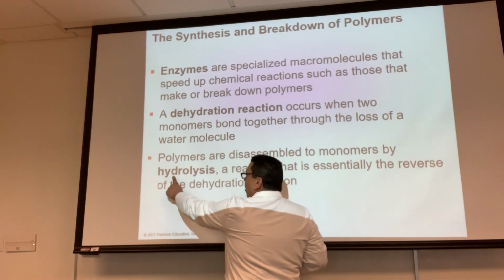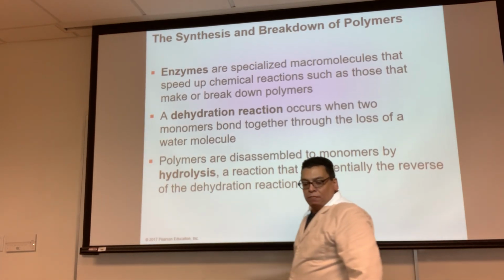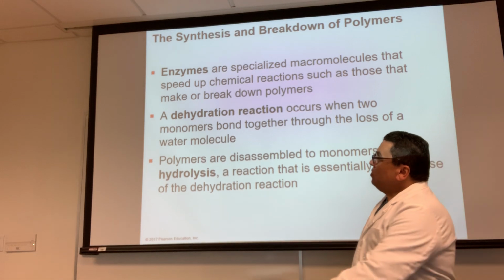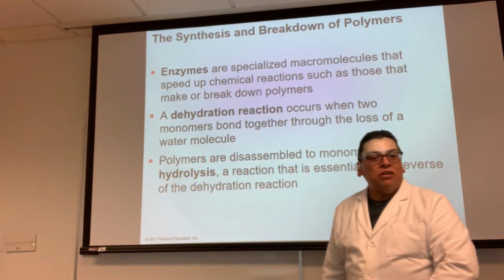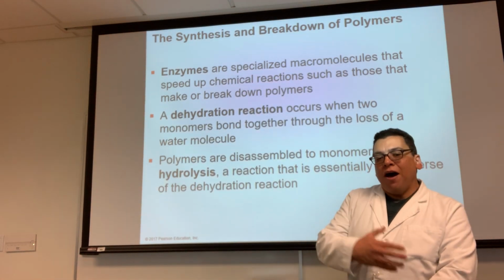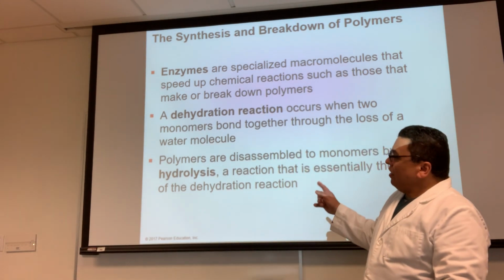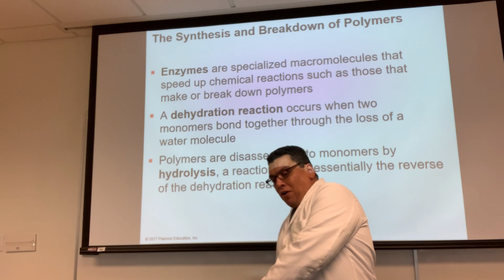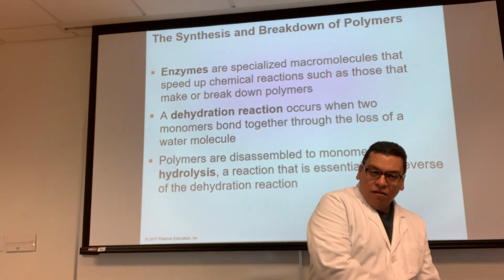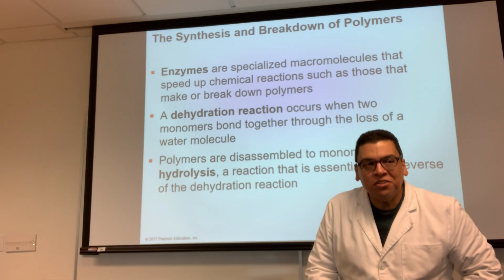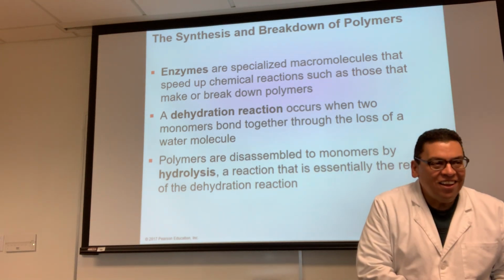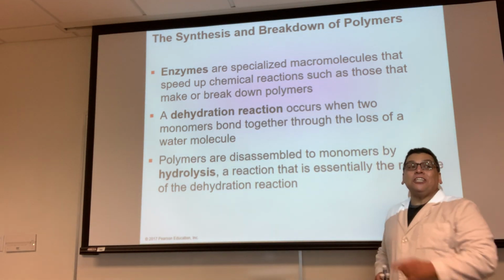Breaking or lysing by water. So dehydration synthesis or dehydration reaction is going from monomers to polymers. Hydrolysis is going from polymers to what? To monomers. Yeah. You said another word for dehydration. Condensation.